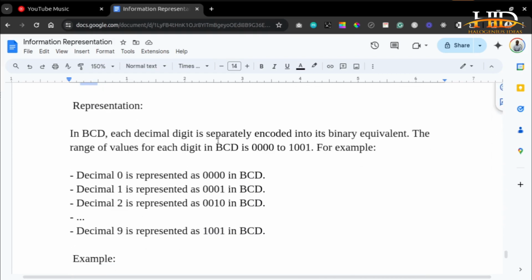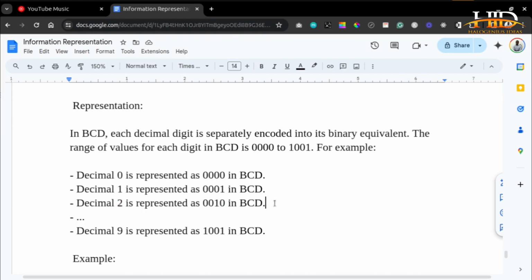So as for the representation in binary coded decimal, each decimal digit is separately encoded into its binary equivalent. The range of values for each digit in BCD is this to this. For example, 0 is going to be represented by 0000, 1 is going to be represented by 0001, then 2 is going to be represented by 0010, just the same way you will count in binary.